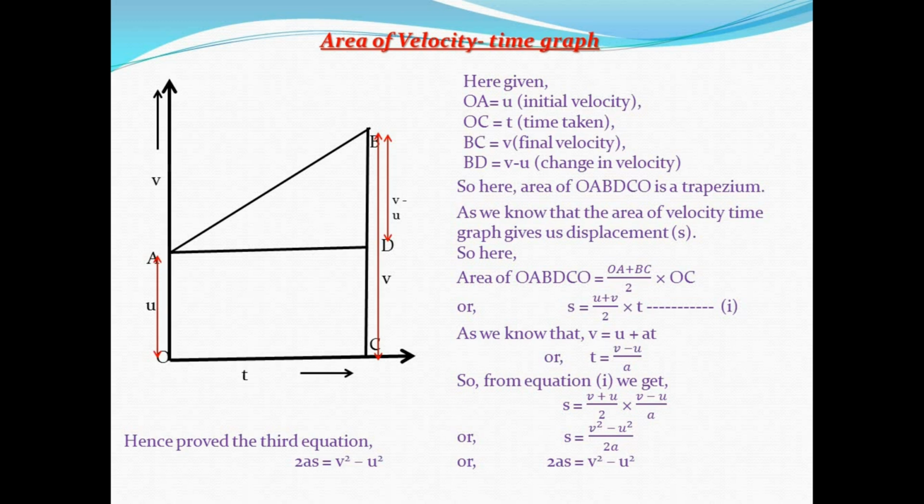Hence, we prove the third equation, that is 2AS equals to V square minus U square.